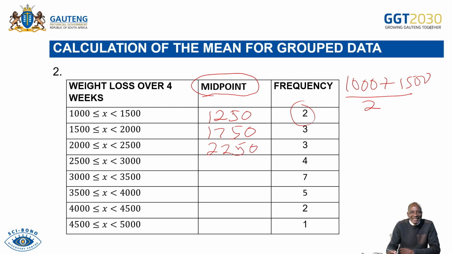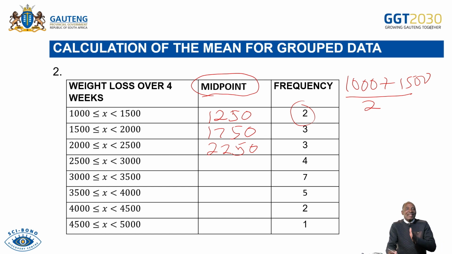I want you to look at the gap between those midpoints and see if there is uniformity there. 1,250, next 1,750, next 2,250, and so on. What are you observing as you go further down? Yes, you'll realize that if your class intervals have a uniform width, meaning from 1,000 to 1,500 there is a gap of 500.